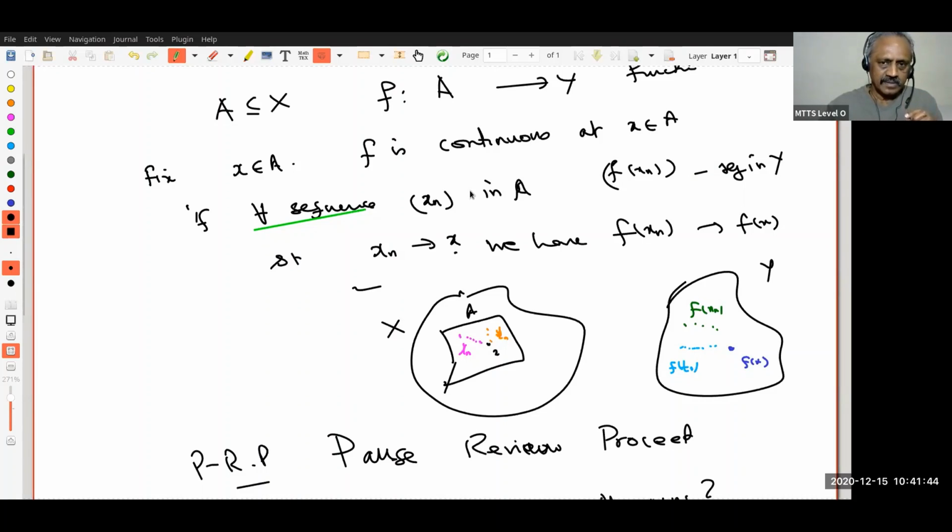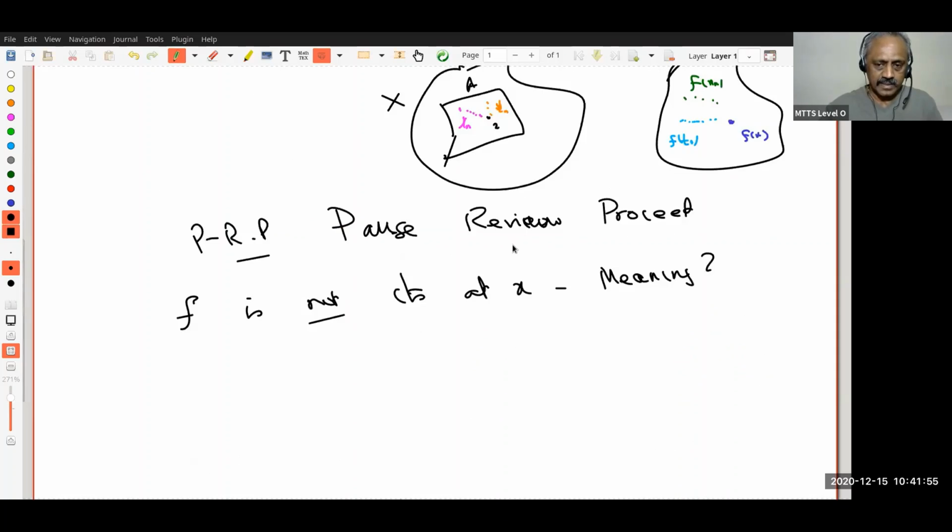It means there exists a sequence x_n in A such that x_n converges to x, but the sequence f of x_n does not converge to f of x. Do you follow that?